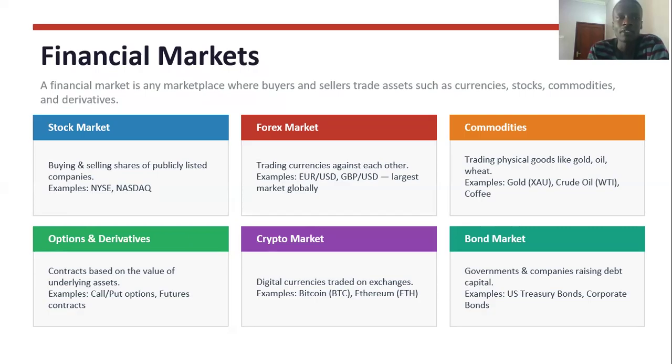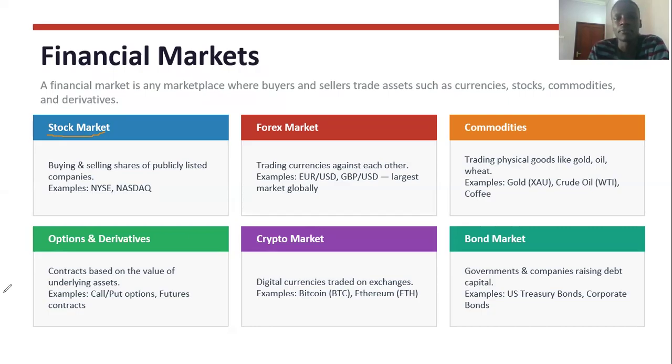So the first market we would want to look at here is the stock market. The question is, what is a stock market? You need to first know what a stock is. A stock is basically a unit or a share that you have within a specific company.